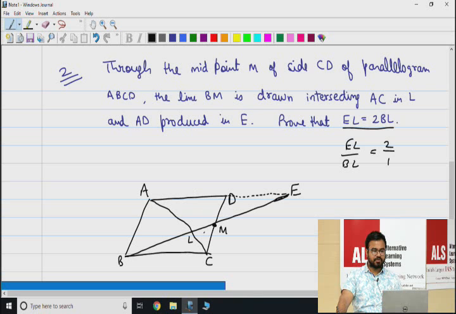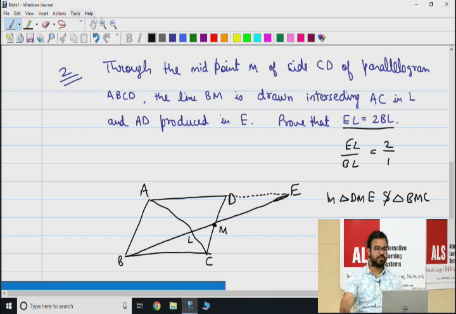First of all, you know that in triangle DME and triangle BMC, these two triangles we can see, DME and BMC. In these two triangles we know that this M is the midpoint.